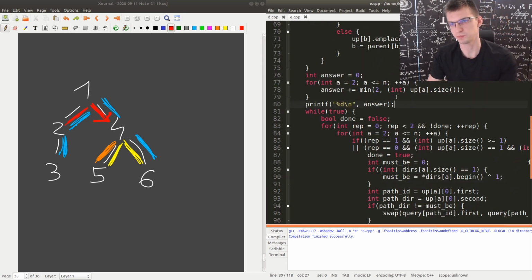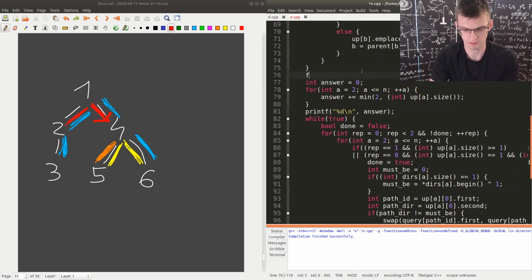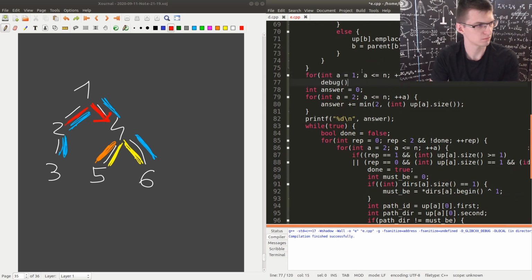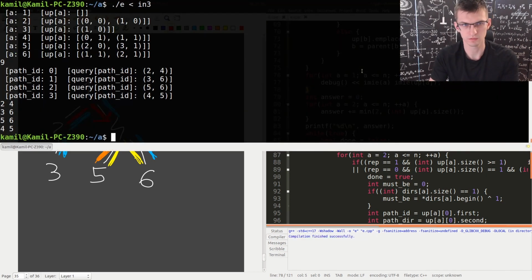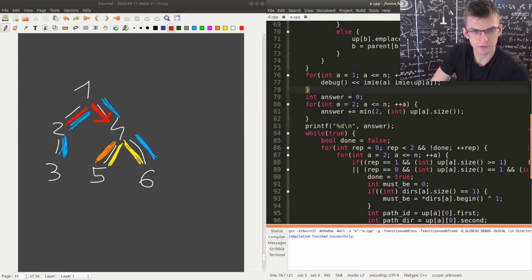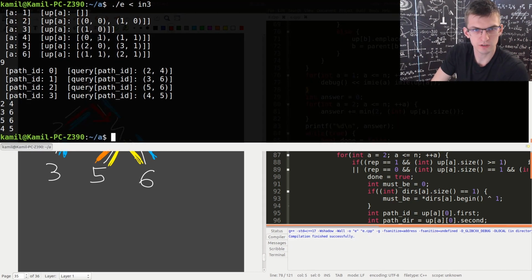What about printing? This. For 1 empty, for 2. First with 0, this with 0. For 4, it should be the other way.